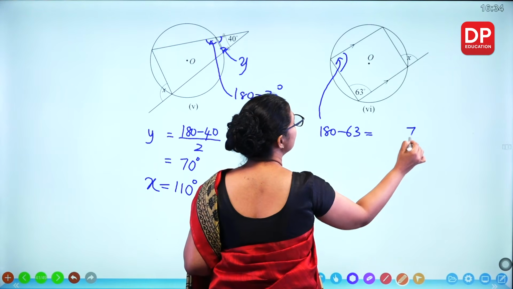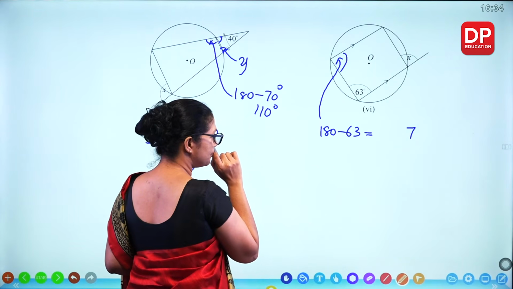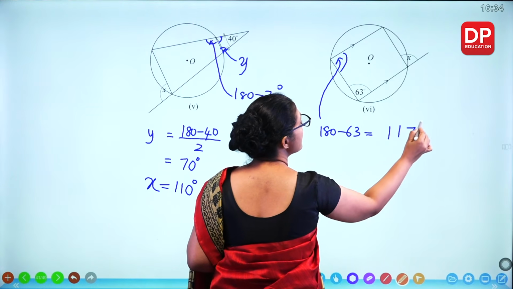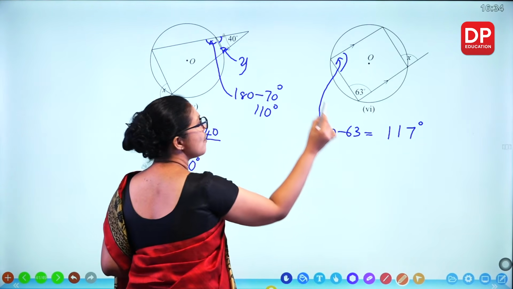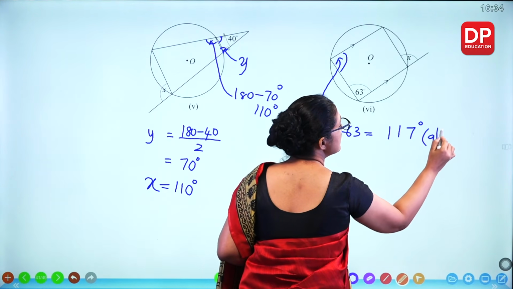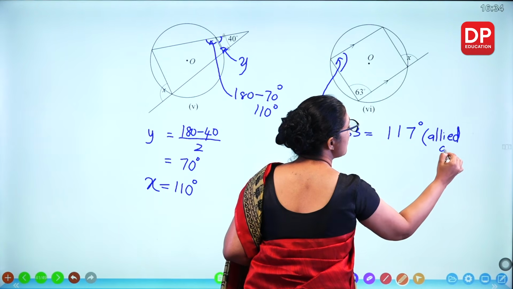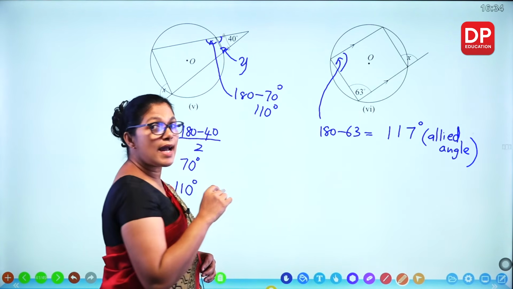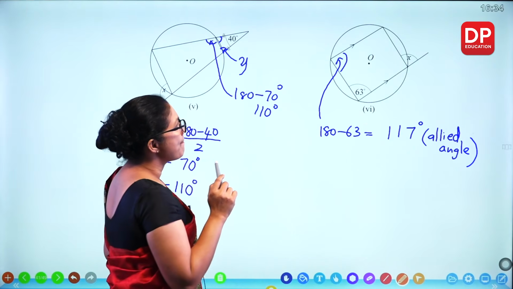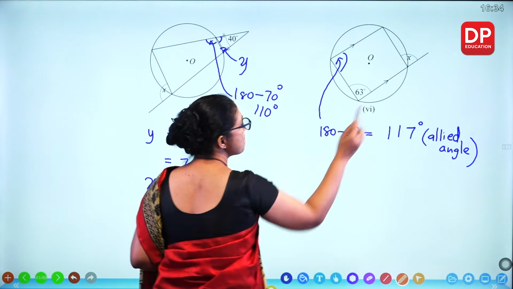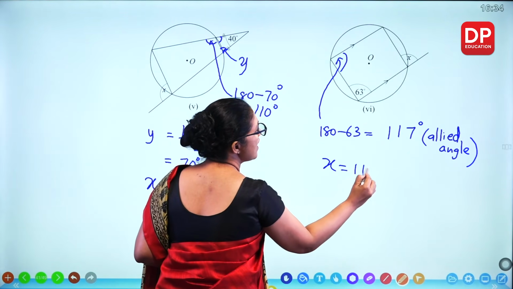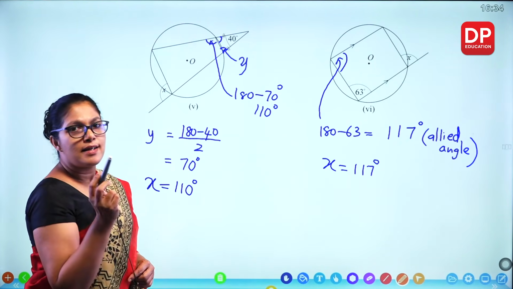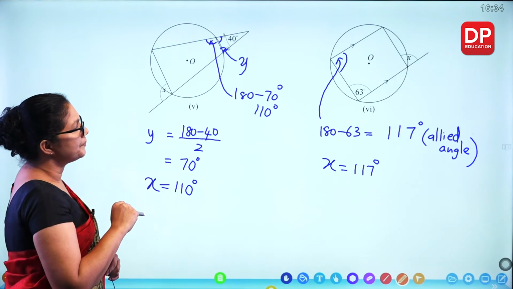That's 117 because of allied angles, add up to 180 because the two lines are parallel. Then what's x? X is same as that because of exterior angle and the interior opposite angle.